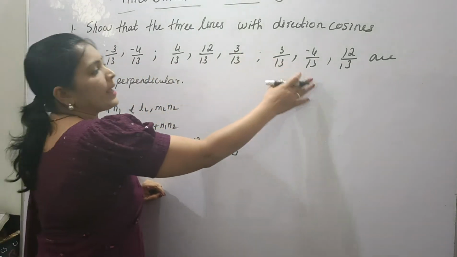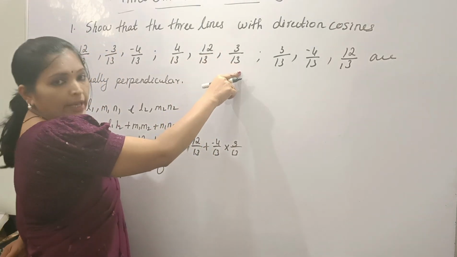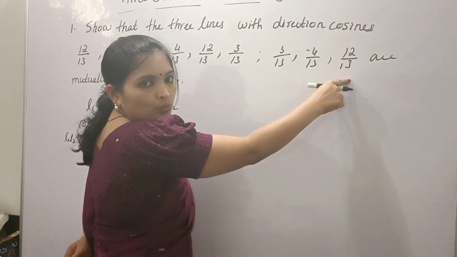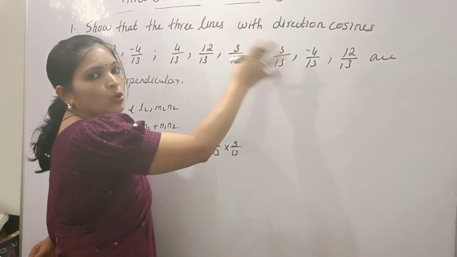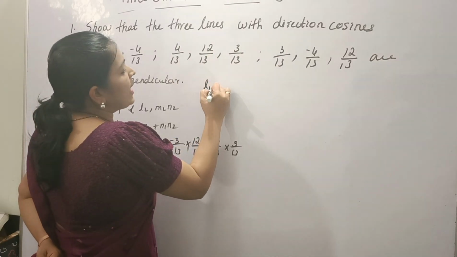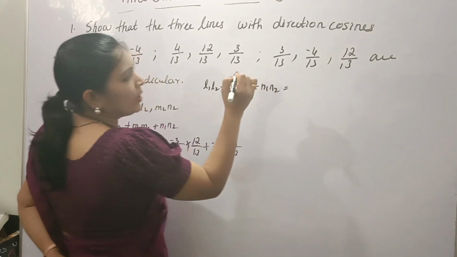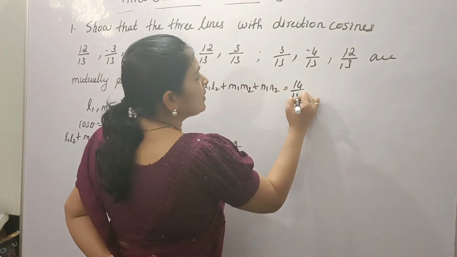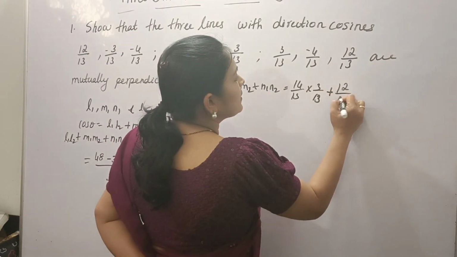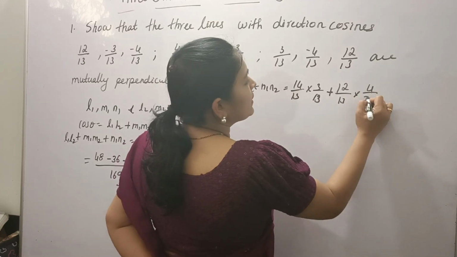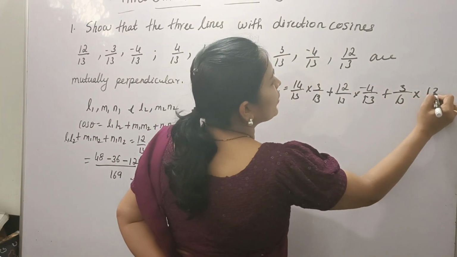Next let's consider these two lines, with direction cosines l1, m1, n1 and l2, m2, n2. You have to write the direction cosines of these two lines. Then l1 l2 plus m1 m2 plus n1 n2 is equal to 4/13 into 3/13 plus 12/13 into minus 4/13 plus 3/13 into 12/13.